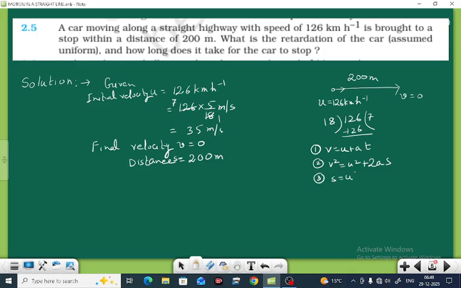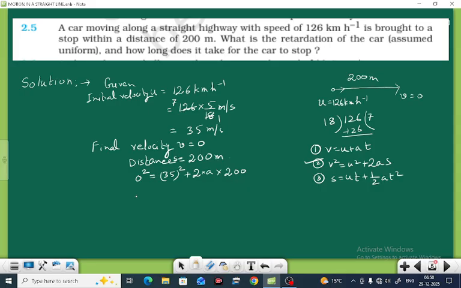We will apply number 2, therefore v square equal to u square plus 2as. v square is 0, that is 0 is equal to u square, u is 35, 35 square plus 2 into a into s, s is 200.